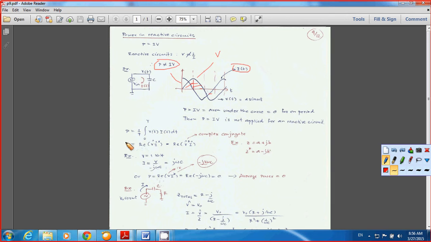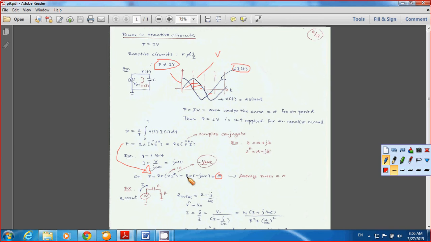You pick up this equation here, so the power becomes the real part of the voltage multiplied by the complex conjugate of the current. So your voltage is 1, and I complex conjugate becomes negative j omega C, and you want to pick up the real part, and it has no real part, so this one gives you 0.